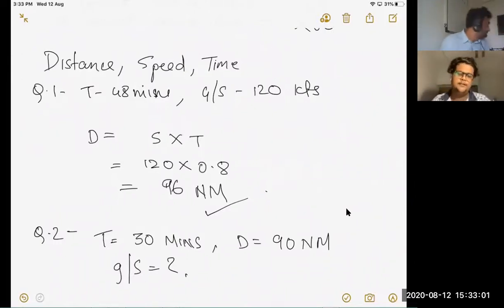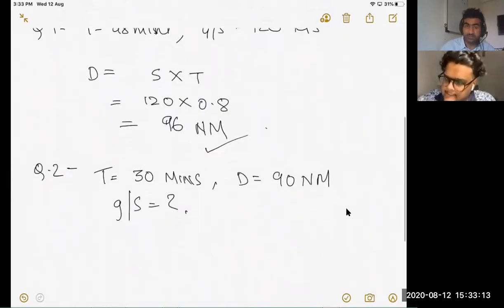So ground speed is 180. What's the unit? Never give an answer without the units. Knots. How come? Break down the equation. Tell me how.